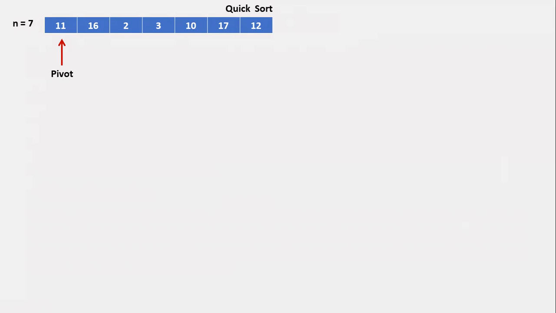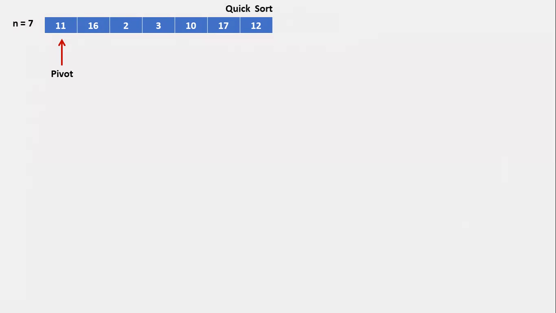So in this particular case, 11 is our pivot element. Here we are going to partition our array such that the elements less than 11, the pivot element, would be towards the left side of the pivot element, and elements greater than the pivot element would be towards the right side.